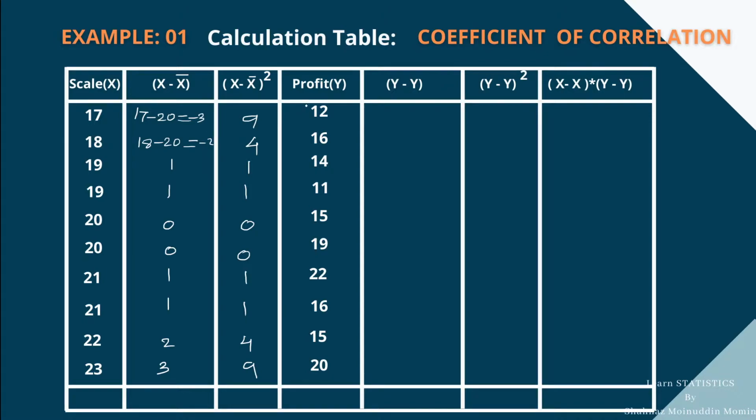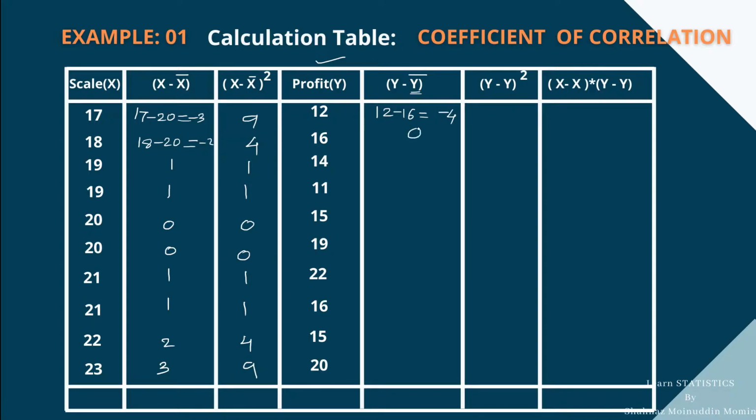We will do the same calculation for the column of profit. First, subtract the value of y bar from each value of y. We have calculated y bar as 16, so 12 minus 16 is equal to minus 4.